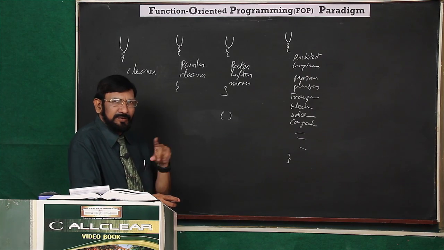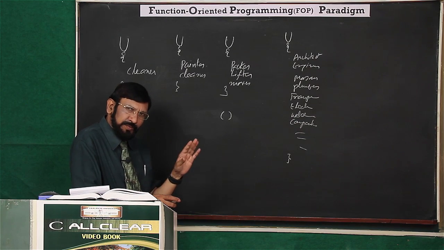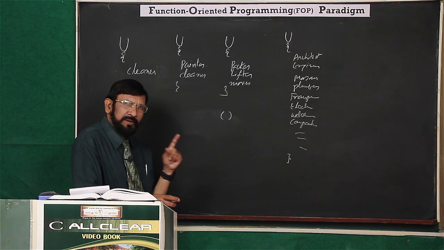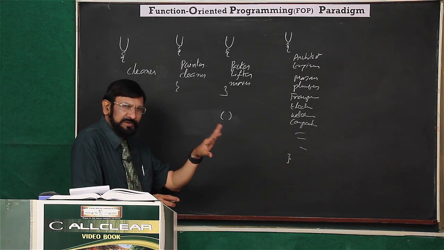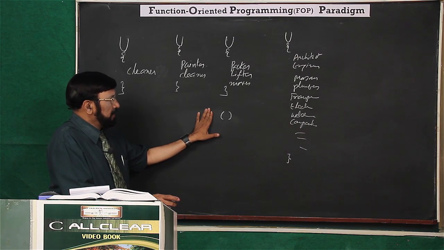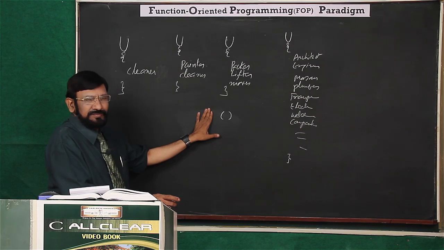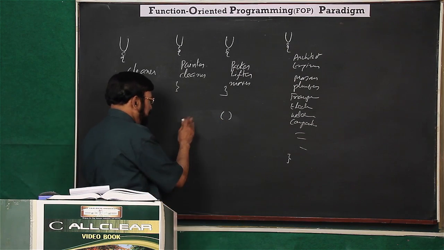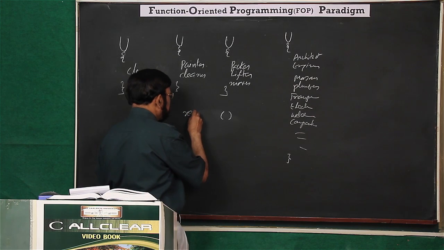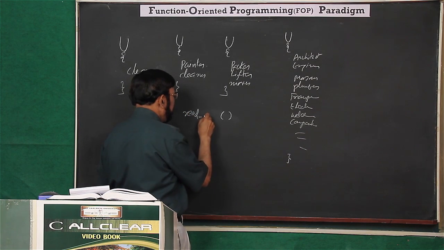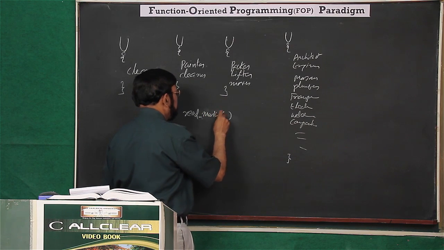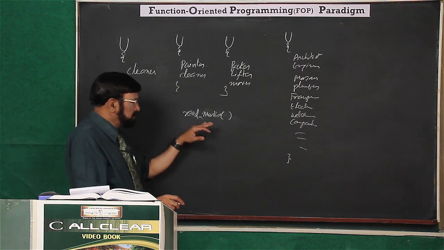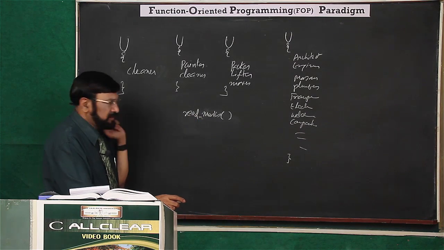If I say painter, you are able to understand what his specialization is. When I say carpenter, you are able to understand what his specialization is. In the same way, when you are defining functions in C, you have to give names like this. Just a few examples I give. Read data or read marks, one function. What is the job of this function? It reads marks.